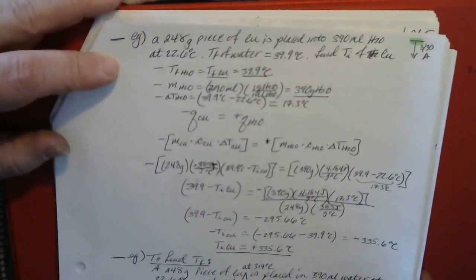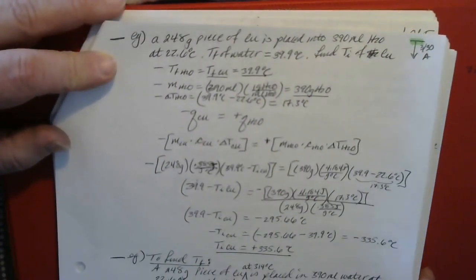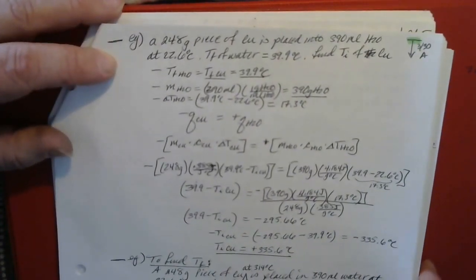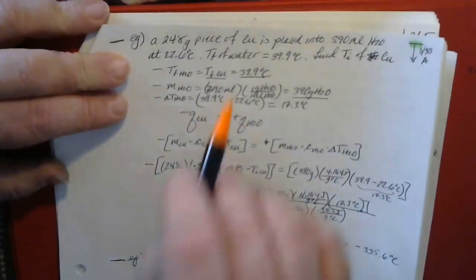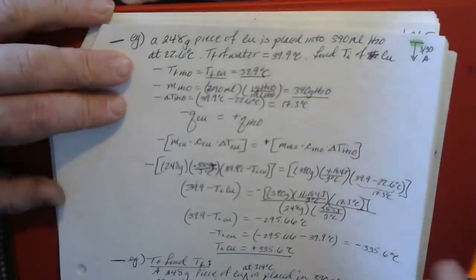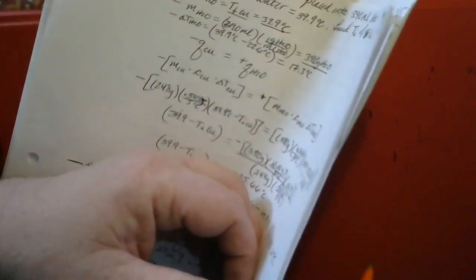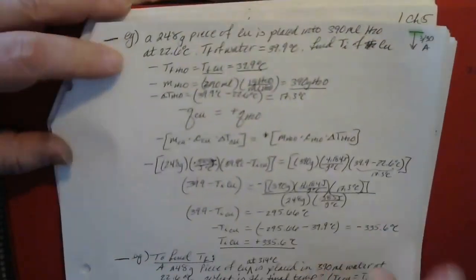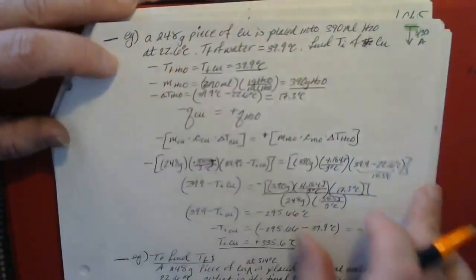Some examples of doing this sort of thing come up in the couple of examples we're going to do now. In this case, we're not finding the specific heat of the metal. I think there is an example a little later where we do that. But you can also find other stuff.